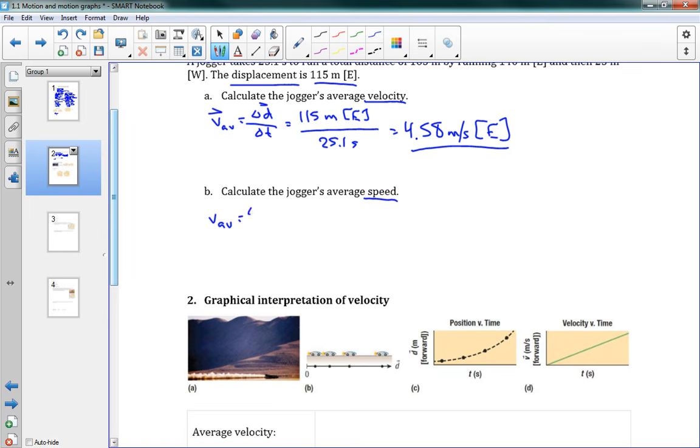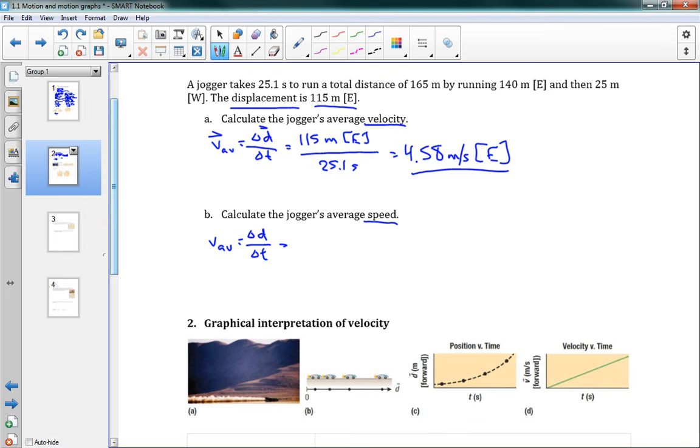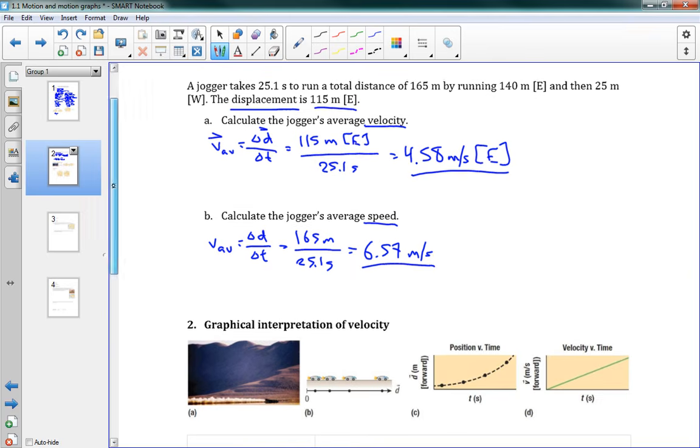This is going to equal delta d over delta t with no vectors. So looking up again here, it says they ran a total distance of 165 meters. So we have that value, same amount of time, and we can find the answer pretty easily, 6.57 meters per second. There you go. That's that sort of a problem.